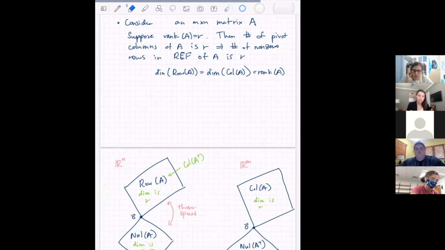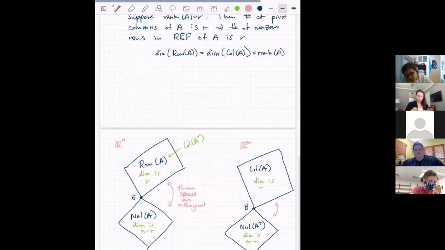These two subspaces are orthogonal, and that essentially means that they're at right angles to each other. There's an actual definition that is proper and more general, but that's how you can think of it for now.